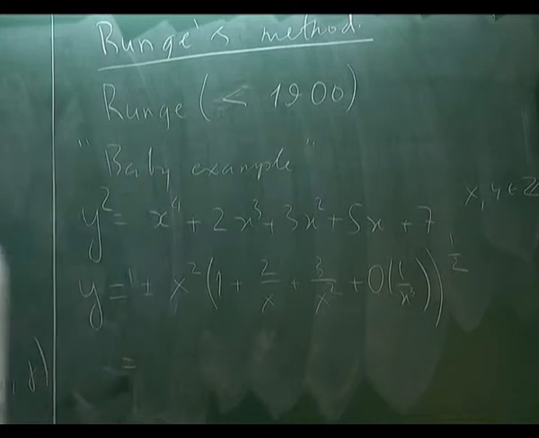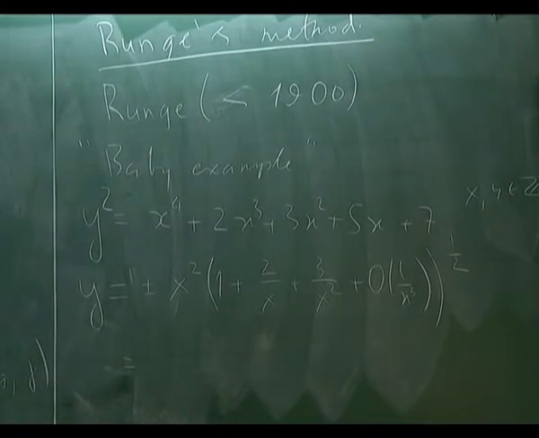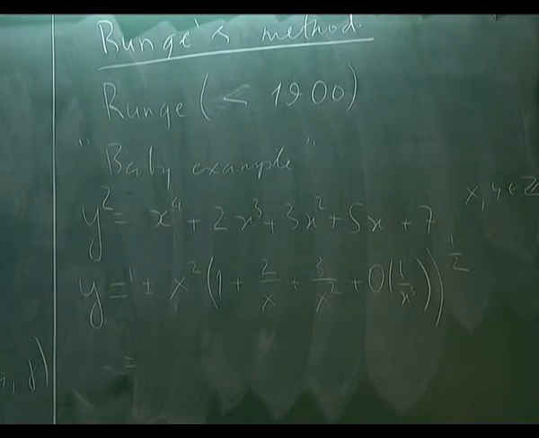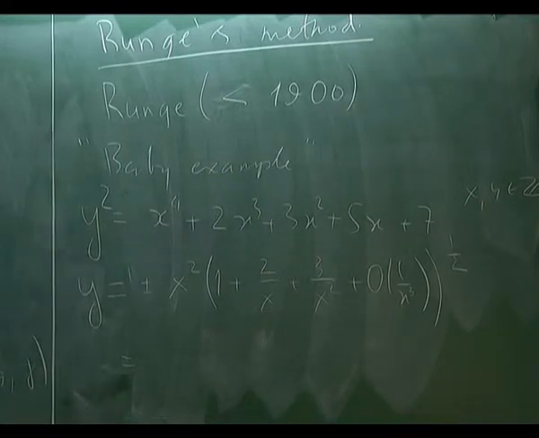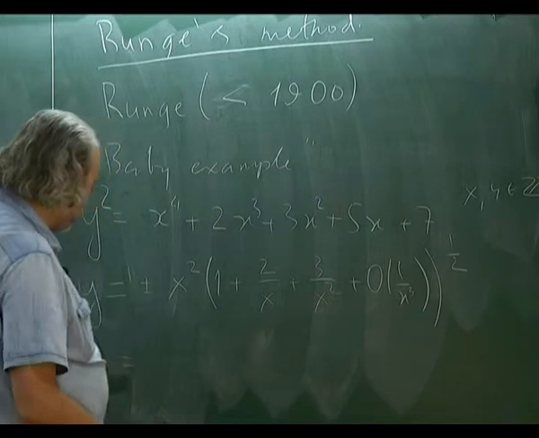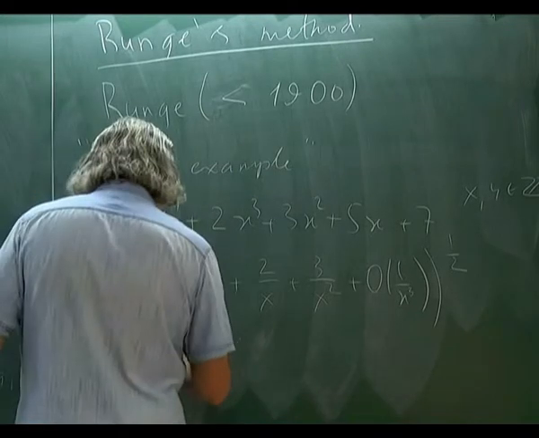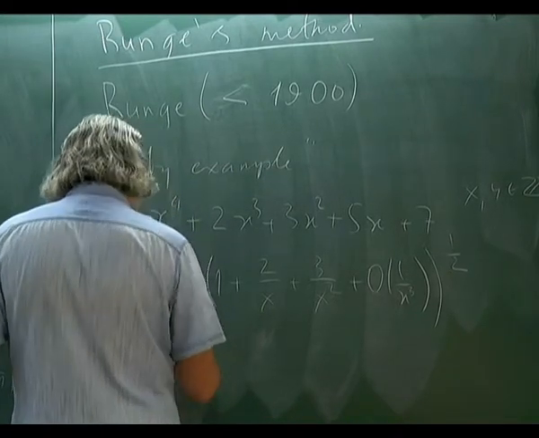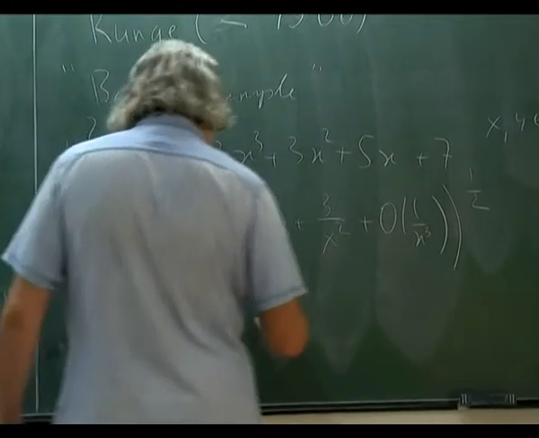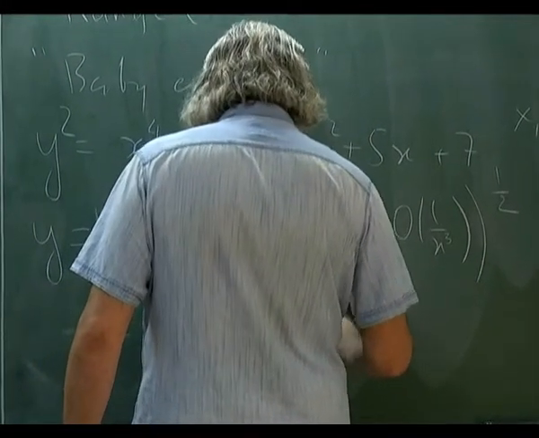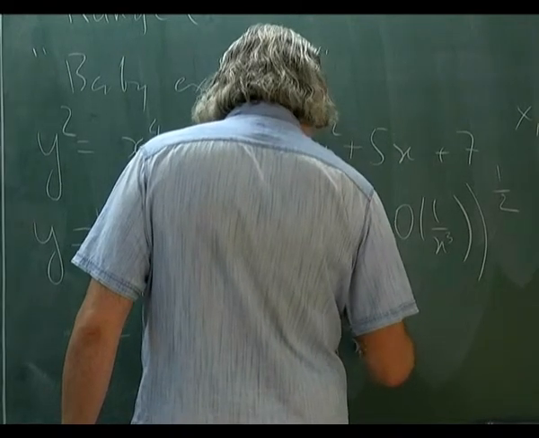Now if we do the exercise, just using the binomial formula that we teach first year students in calculus courses, we will find plus or minus (x squared plus x plus 1) plus some small term, unless I made a mistake.